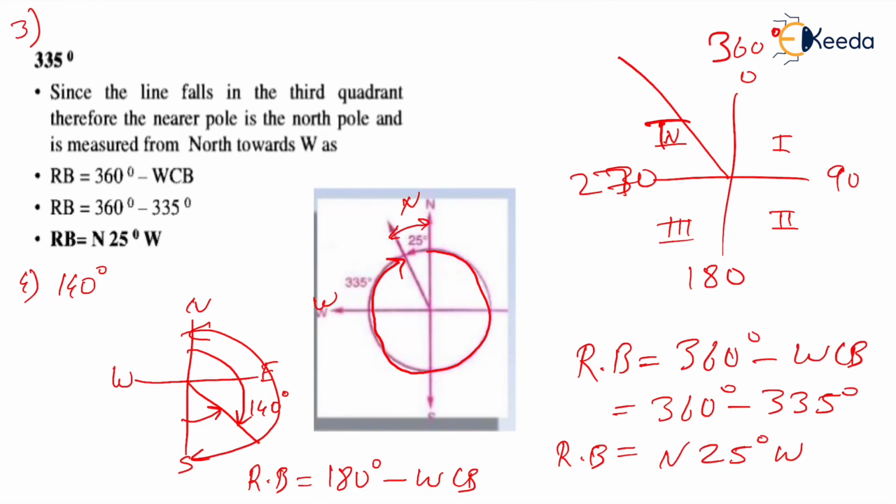So RB will be in this case 40 degree south towards east. So likewise, you can take up any angle and convert it into RB. You have to be careful while writing down the quadrants.